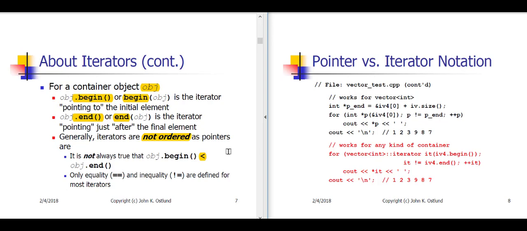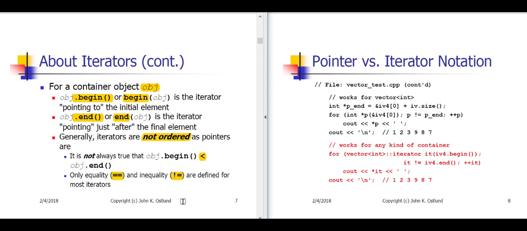In fact, it may not be the case that the begin iterator for a particular container has a value in some sense less than the end iterator. You can only use the equality test, double equal sign, and the inequality test, exclamation mark equal, to determine whether two iterators are equal to each other or are not equal to each other.